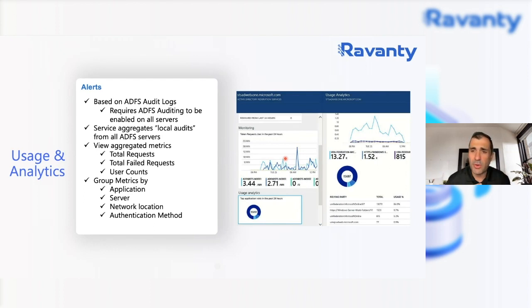Why we find this important is because you might ask yourself, I don't really know about my ADFS environment. Before I move my ADFS to Azure Active Directory, at least I want to have some insights and information, because I can't just take it and move it, right? I have to understand how my ADFS is being used. Which relying party trusts are being used? What's the usage percentage?